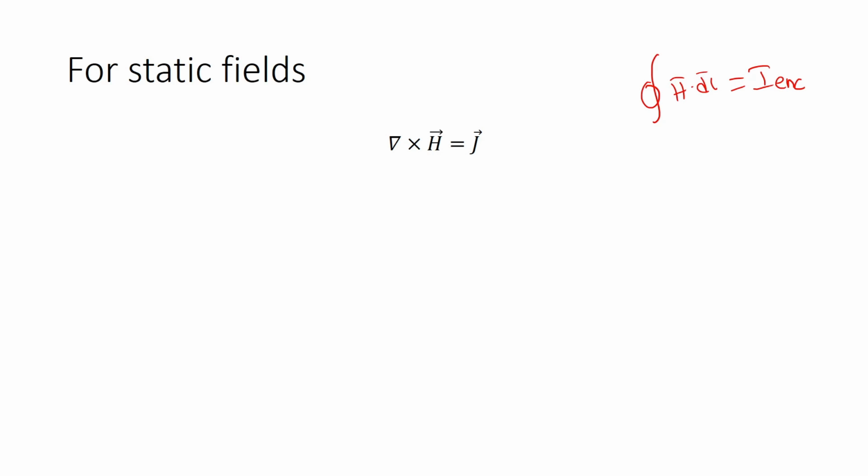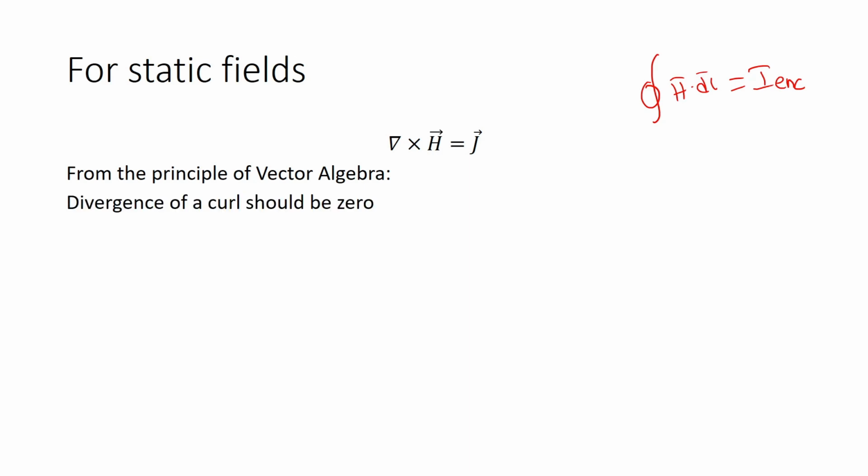Now, the principles of vector algebra say that the divergence of the curl of any vector is equal to 0. That is, if I take any vector V bar and calculate the curl of it, then it is a solenoidal vector.